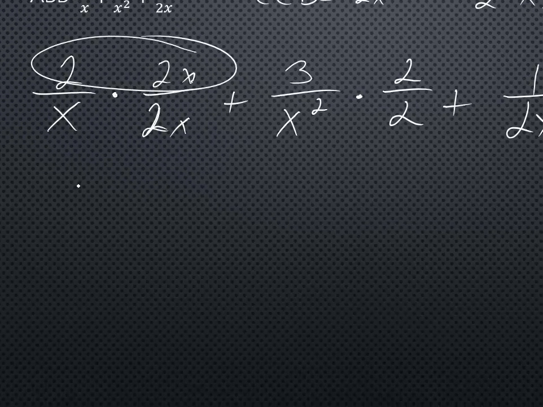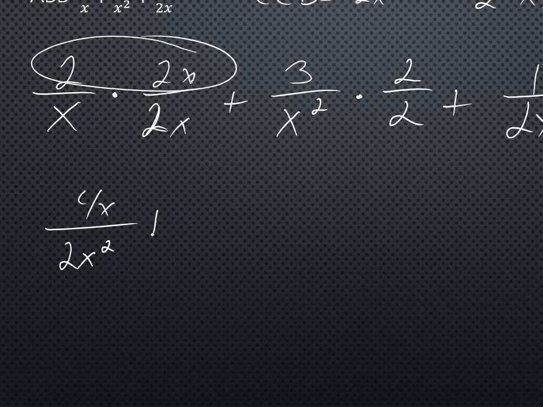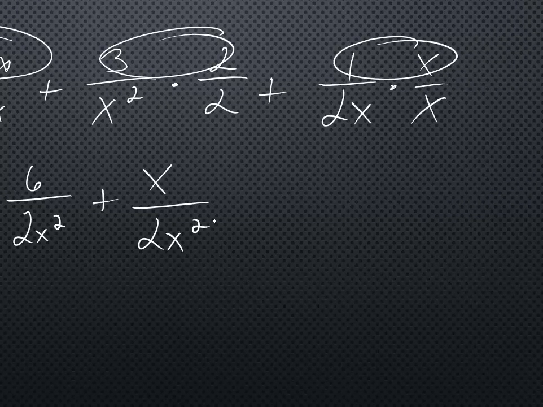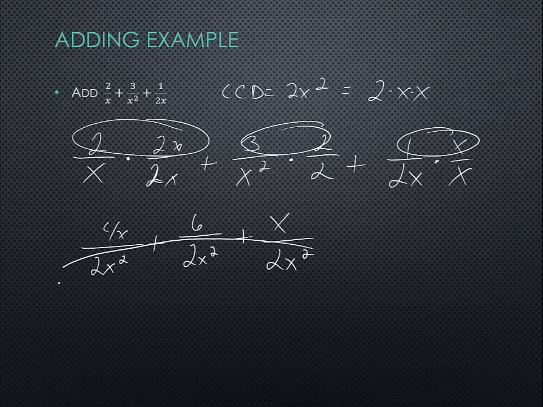So 2 times 2x is going to be 4x over 2x squared. Plus 3 times 2 is 6 over 2x squared. And then 1 times x is x over 2x squared. Okay, and then now our denominators are the same, so now we can add across the numerator.